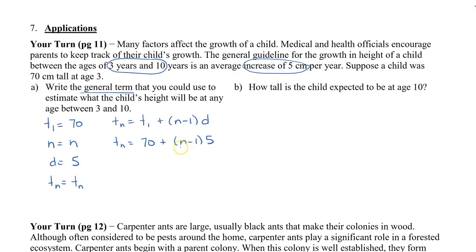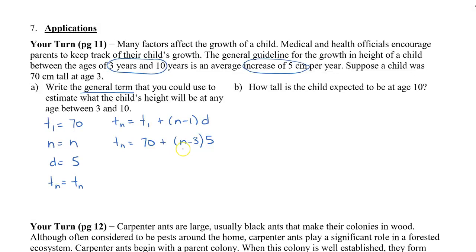Right now, when I plug in the 3, I still have a value here, but I actually want that value to be 0 so that when the child is 3, I only have the constant term of 70. So instead of subtracting 1, because I want that bracket to be 0 when the child is 3, I need to actually subtract 3.